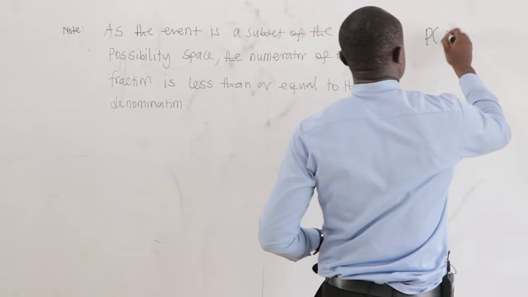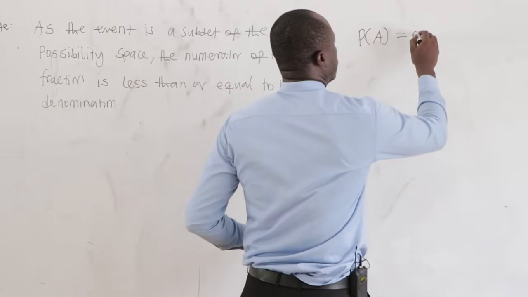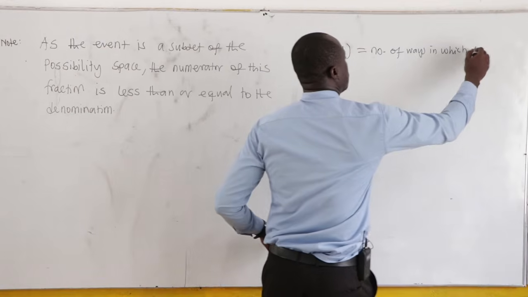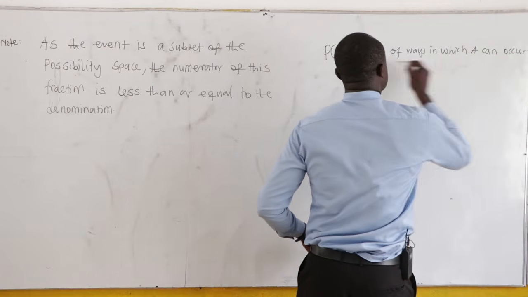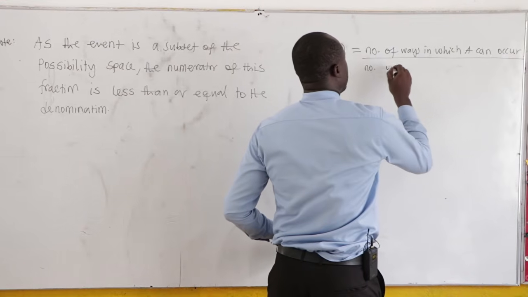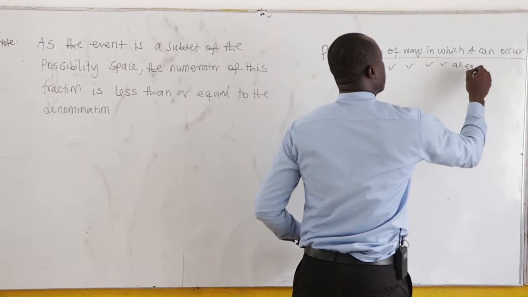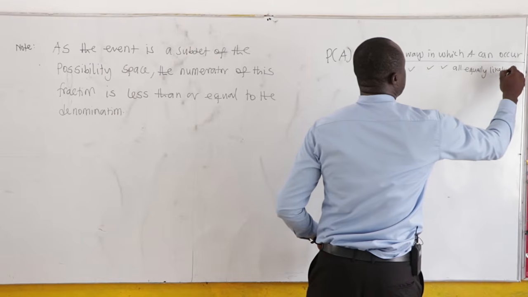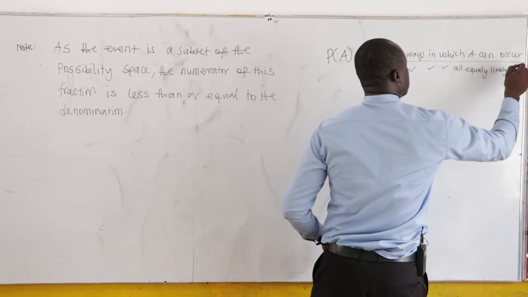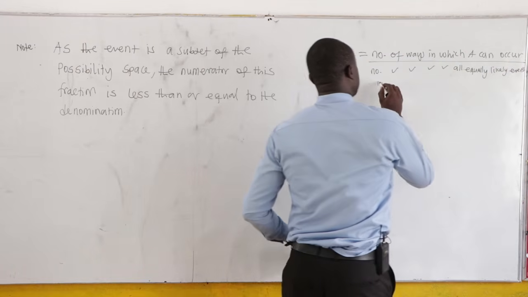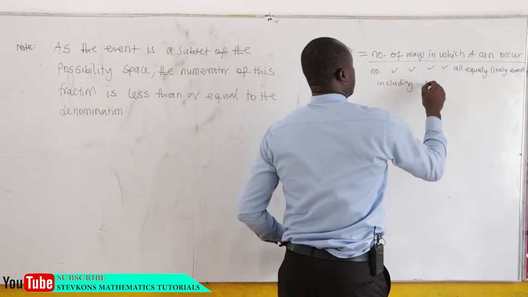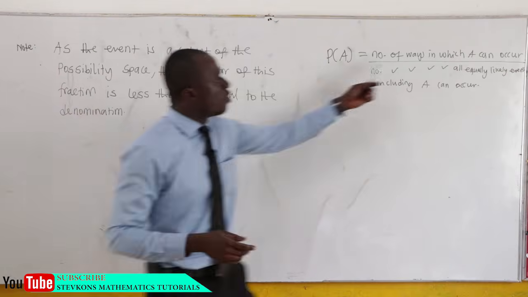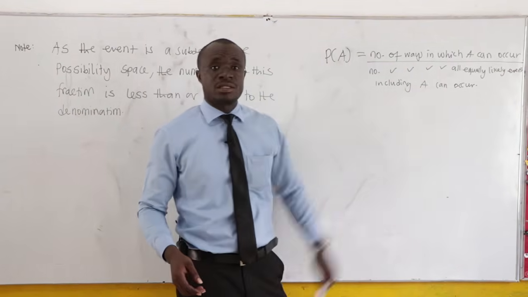So the probability that A would happen is equal to the number of ways in which A can occur or happen, all over the number of ways in which all equally likely events, including A, can occur.